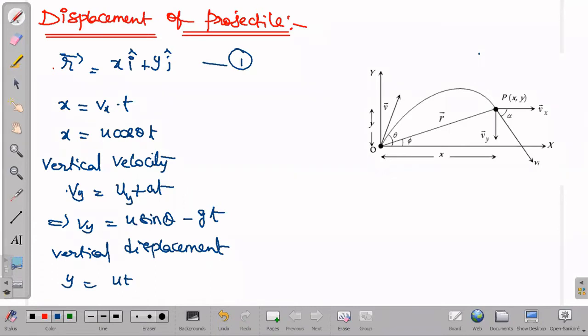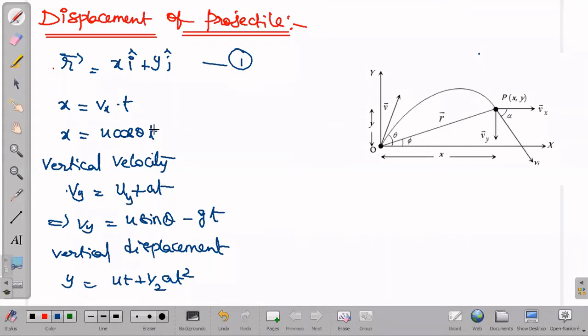Here u is the velocity along the y direction, uy, which is u sin theta, while ux is u cos theta.